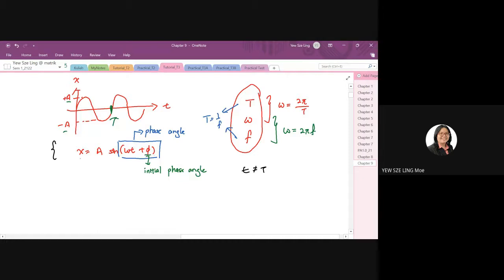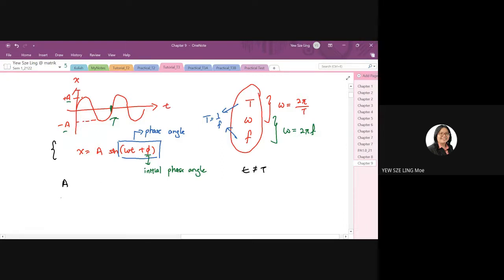If you look at this equation, there are three terms that are fixed, that won't change throughout the motion if there's no external force acting on the object. Which is A: the maximum displacement is always the same, right? The amplitude is constant throughout the motion if there's no external force acting on the object.